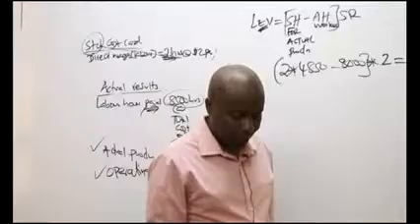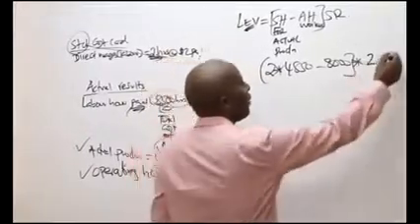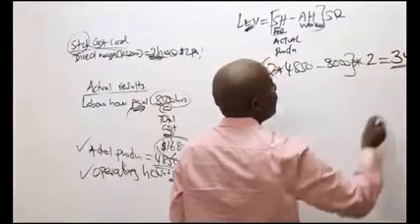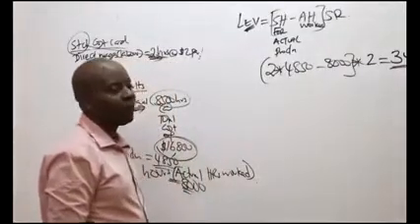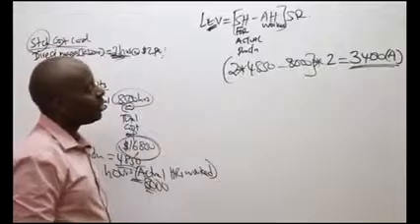So we have here 3,408 adverse. That is the labor efficiency variance.